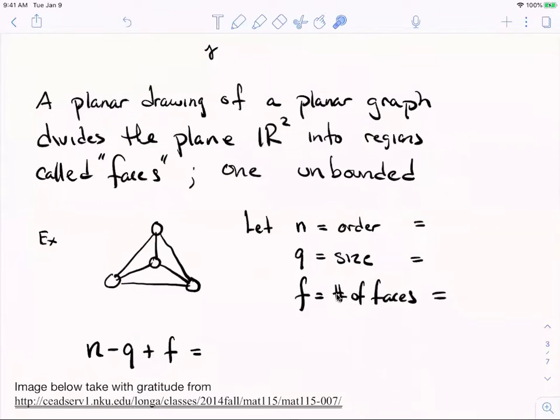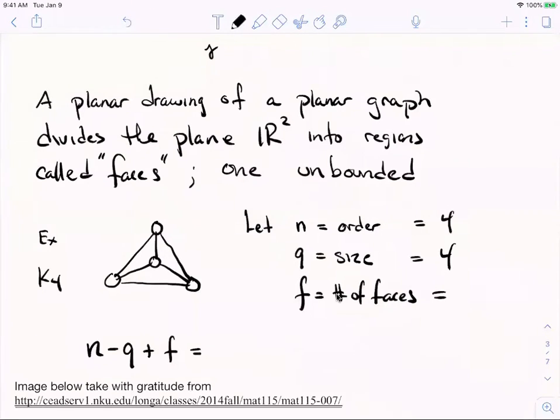So if we look at this graph that I've drawn here, K4, its order, the number of vertices, is 4. Let me enumerate the faces. There's 1, 2, 3, and the outside one makes 4. Sorry, let me back up. I'm not going to re-edit this video, I'll just eat my shame publicly here.